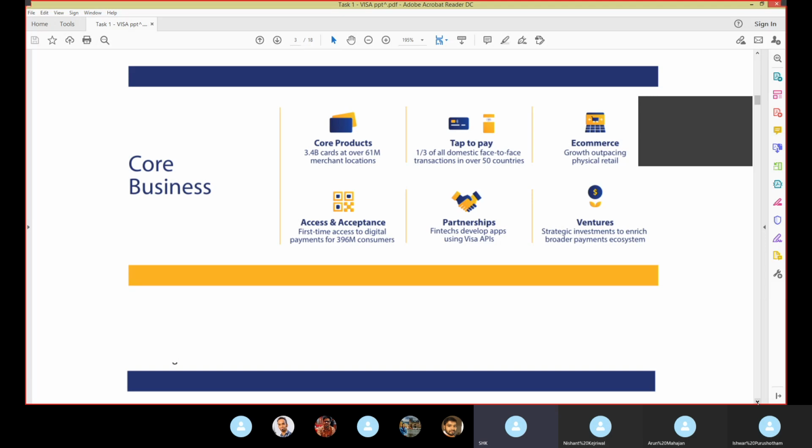Mostly it is into e-commerce growth, and they are also into partnerships and ventures. They also invest in a lot of companies where they want to increase their footprint in different geo locations, even in EMEA and in the Asia Pacific regions.